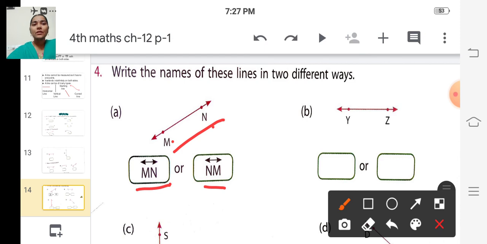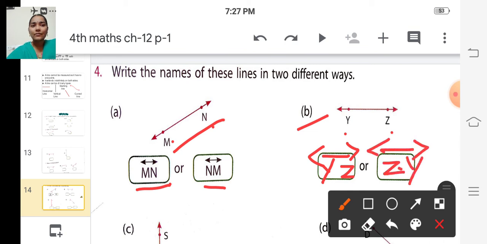Look at the second one. It is YZ. So we can write YZ line or ZY line. It can be written as YZ or ZY, and you have to put arrowheads on both sides.